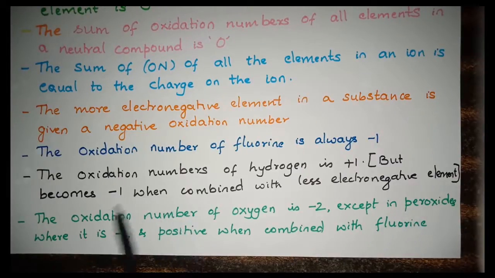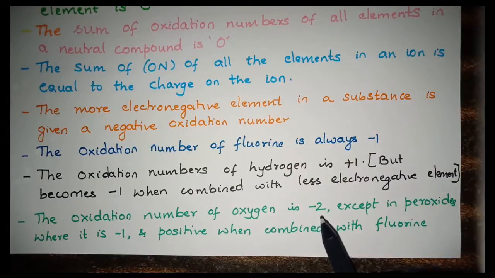Okay, and similarly, there is one simple trick that I would like to tell you here. The group 1 elements will always have oxidation numbers of +1, and group 2 will always have an oxidation number of +2. And similarly, you see the oxidation number of oxygen is always -2, okay, always.